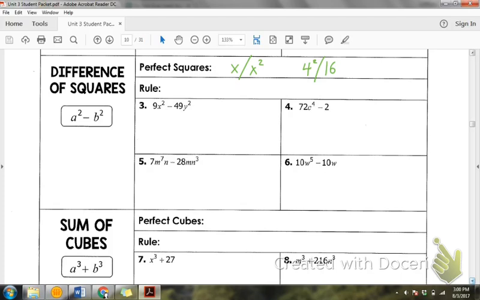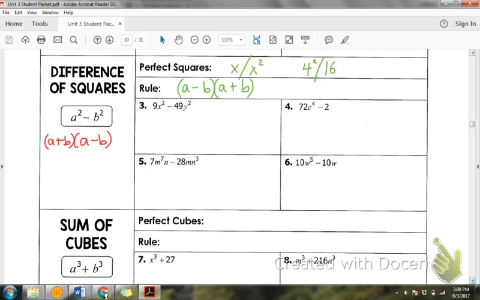The rule when you have a squared minus b squared is that you find out what the square roots are. A and A, B and B, one's plus, one's minus. Right? So over here to the side where it has the formula, you can write it there if you want to: A plus B, A minus B. And A and B stand for perfect squares.